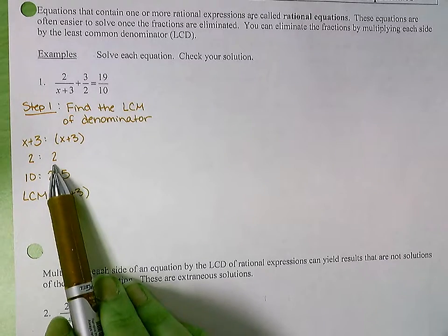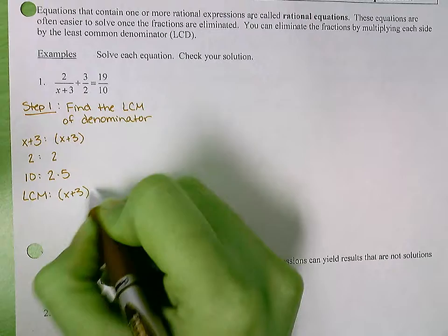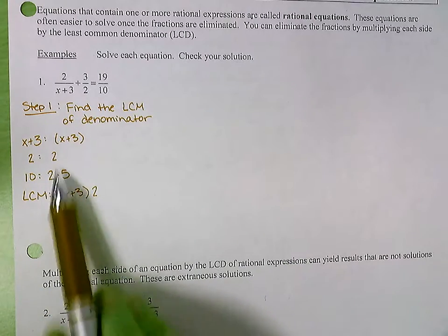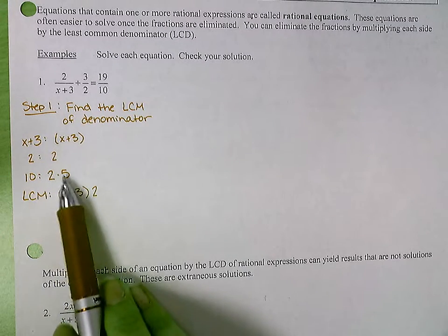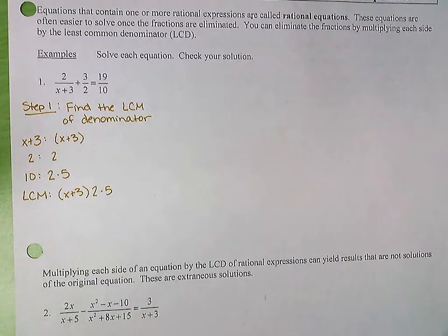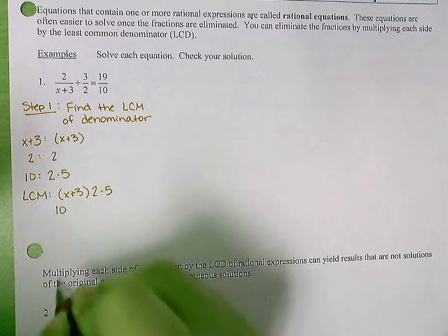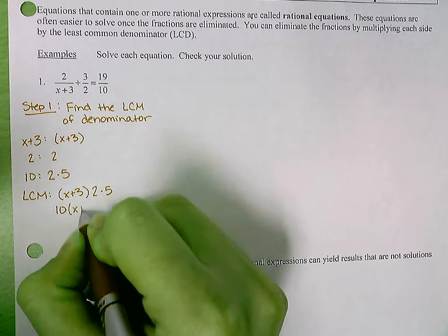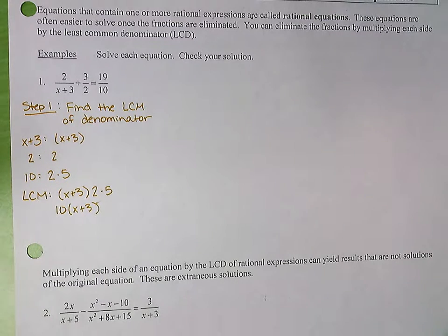Move on to the second one. I have a 2. Well, I didn't have a 2 yet, so I need to write that one down. Move on to the third. I already wrote down a 2, so I don't need another one. But I'm still missing this 5 here. So I need to multiply by a 5. Okay, so my LCM will be 10 times x plus 3. So I just multiplied that 2 and that 5 together.